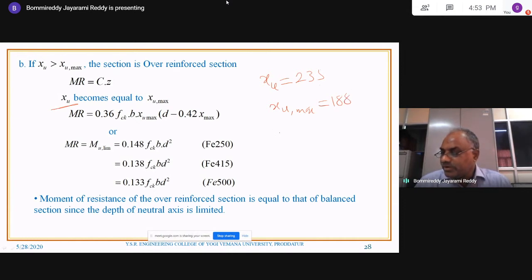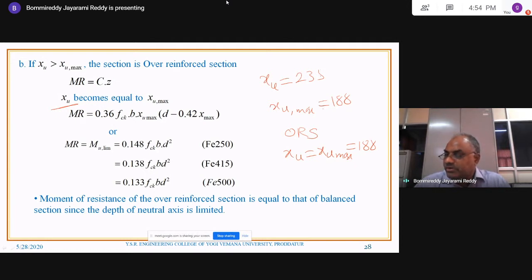This is clearly an over reinforced section, because XU is more than XU maximum, but now XU is limited as XU maximum, which is 188 for all calculations.